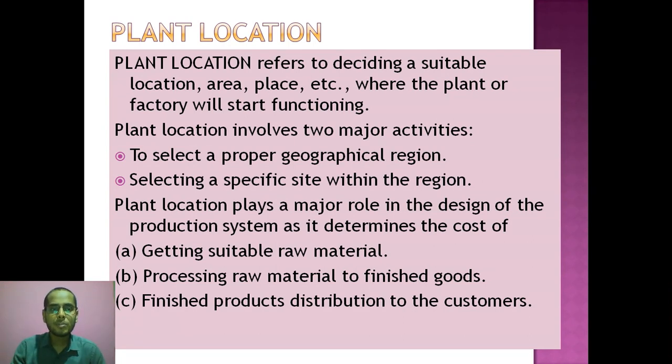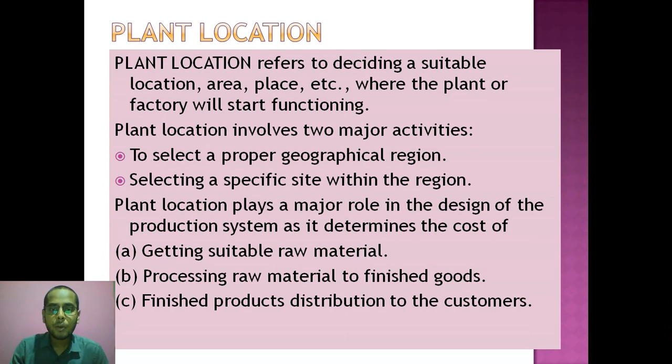It is a process, and by following that process we decide where to locate and set up our plant. Plant location refers to deciding a suitable location, area or place where the plant or factory will start functioning. It is basically the place where we set up a new plant and from there start producing our product or good.